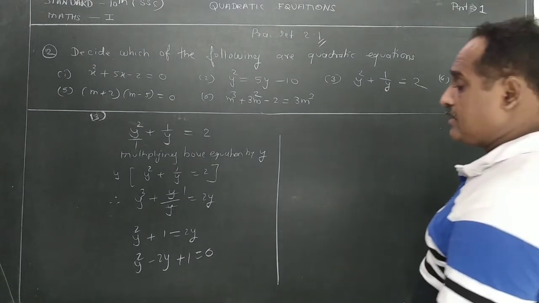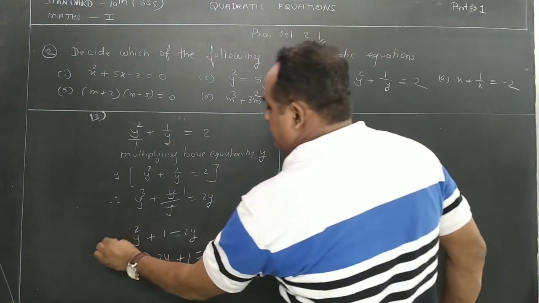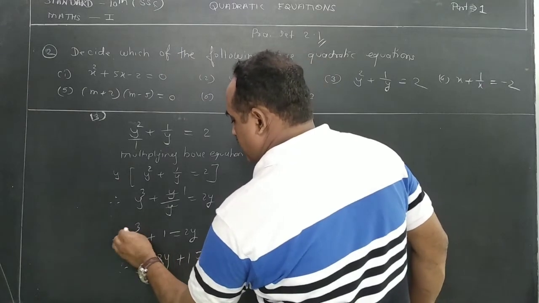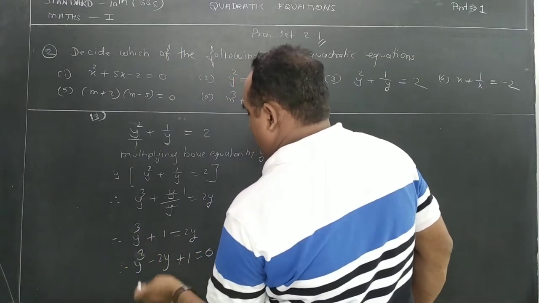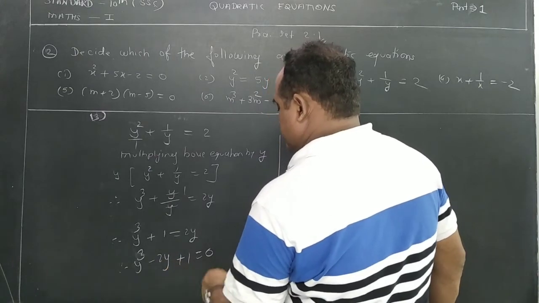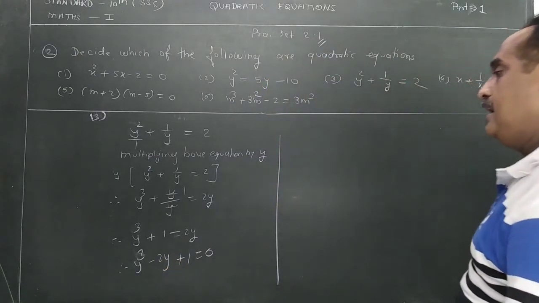Now in this equation, please put the therefore sign properly. I think I made a mistake over y cube. y cube minus 2y plus 1 is equal to 0. Is it right?